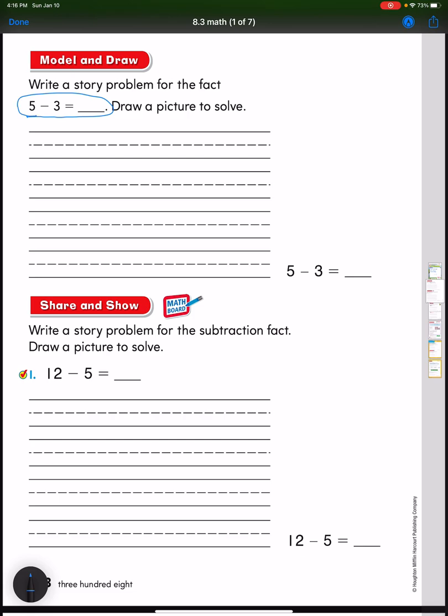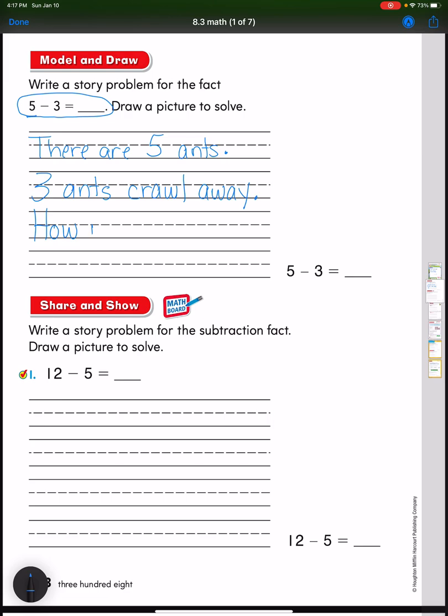All right, so here's my word problem. There are 5 ants. 3 ants crawl away. 3 are gone.